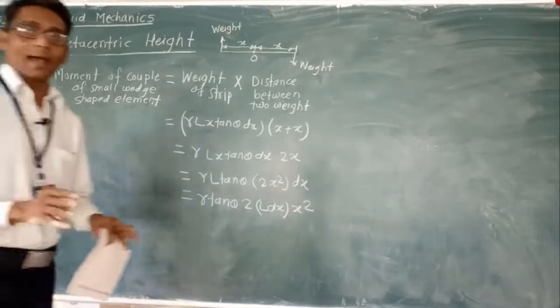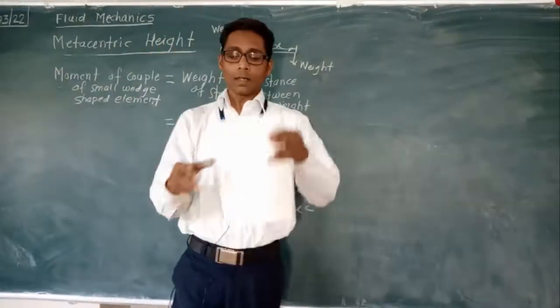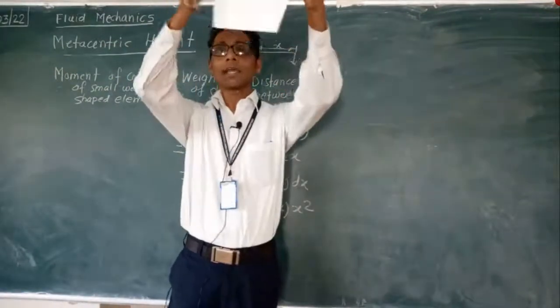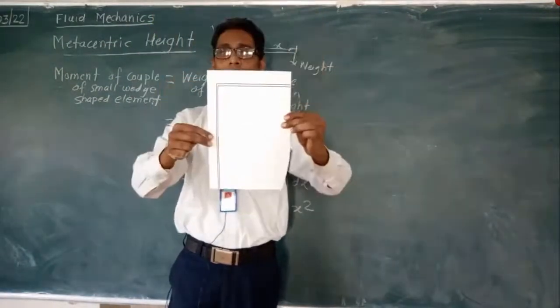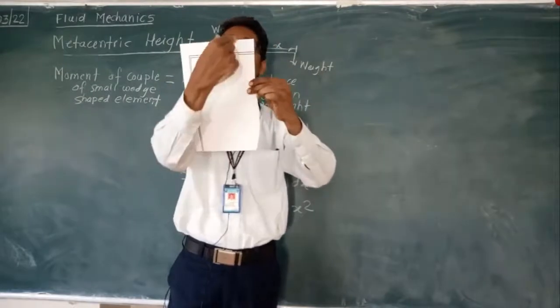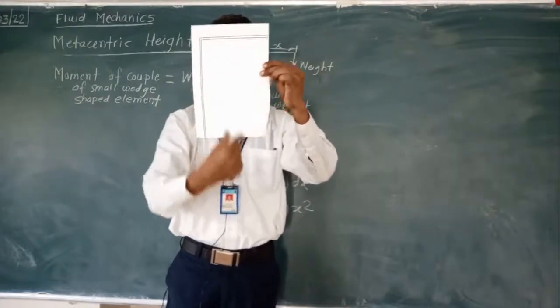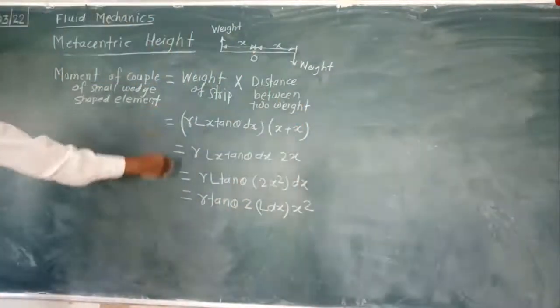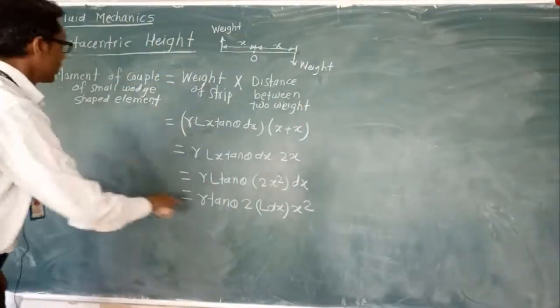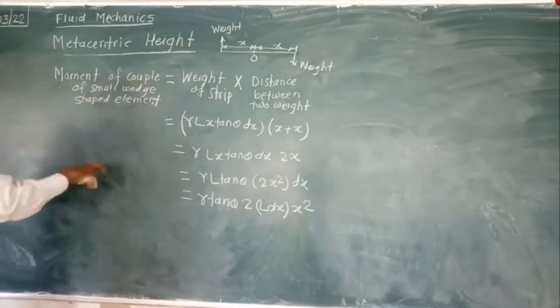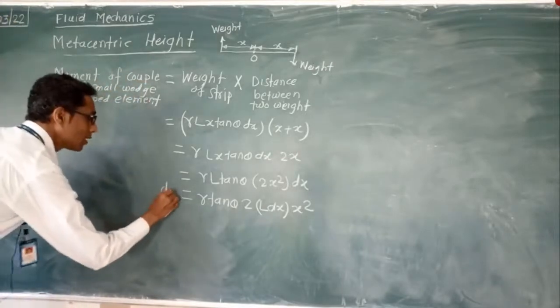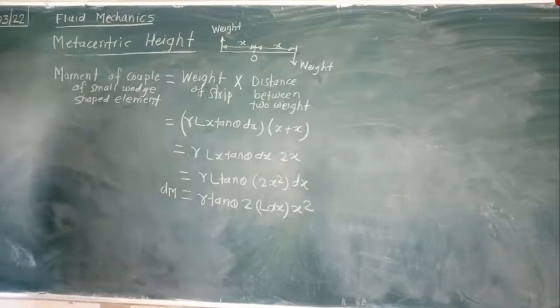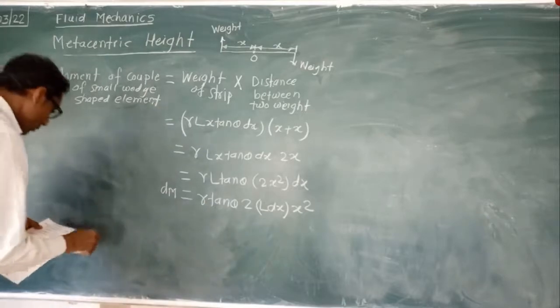So in the plan shape we see that it is like this, rectangular shape. Here we have taken a strip. So for that we have to take integration of this. So this is dM. Actually this moment is dM, moment of strip. That's why d, smaller moment.